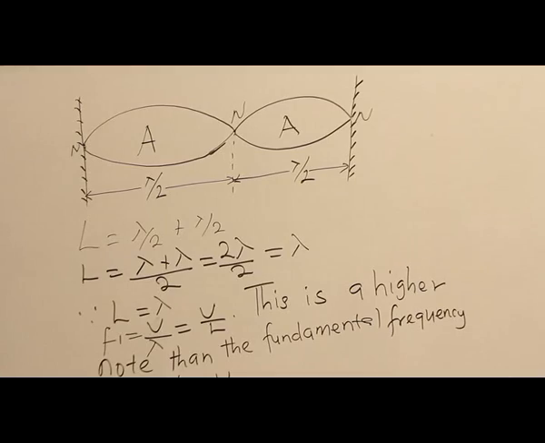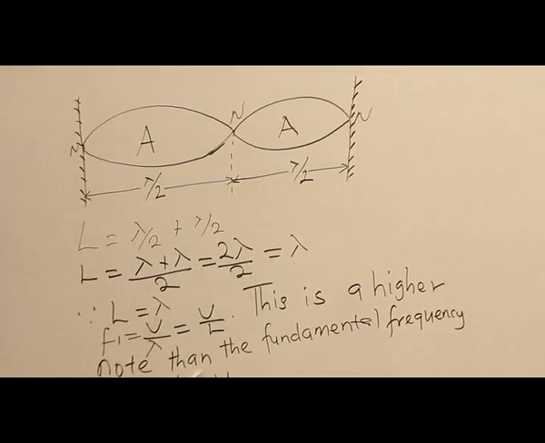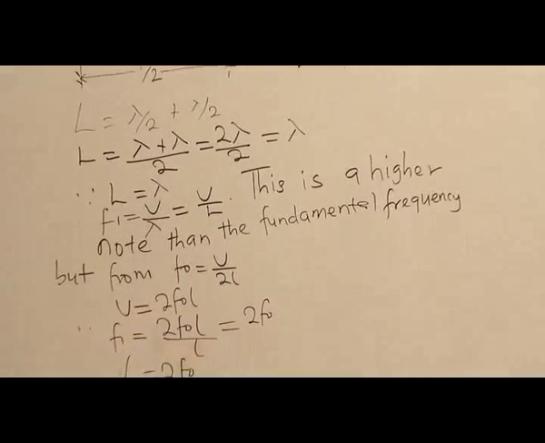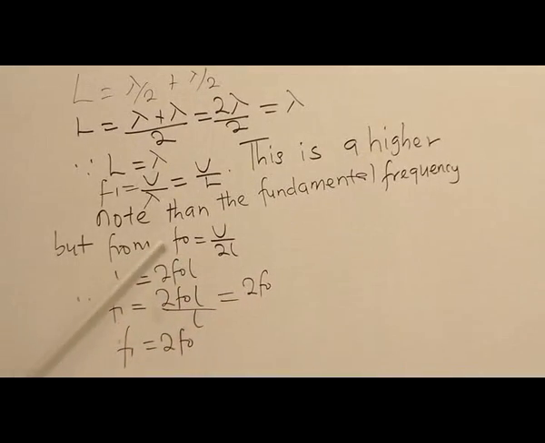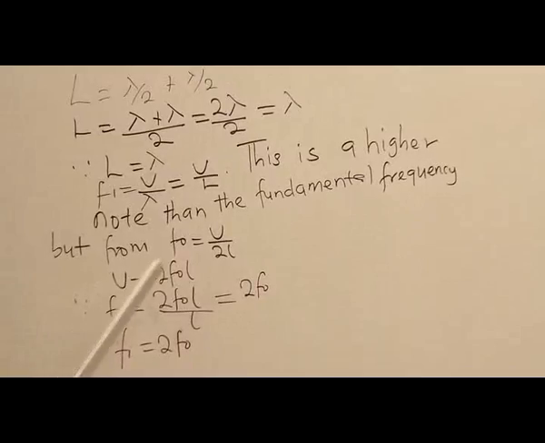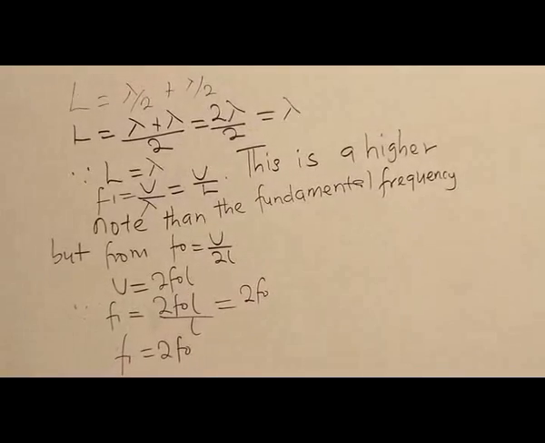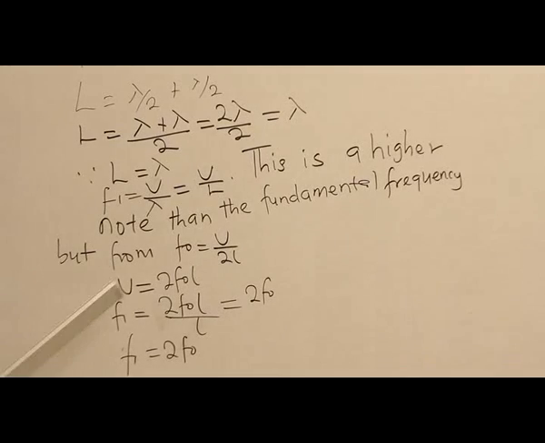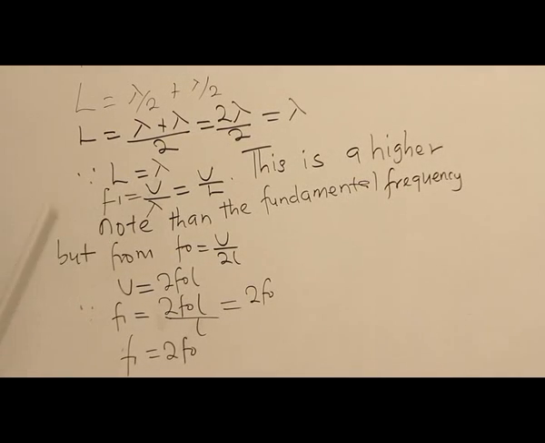This is a higher note than the fundamental frequency obtained before. But from the fundamental frequency, we have F0 given as V over 2L. Now if you make V the subject, you have 2F0L. Then substitute the value of V in this equation here.